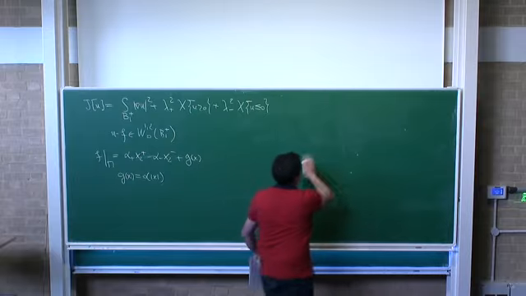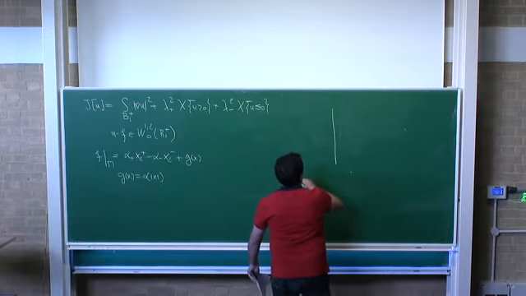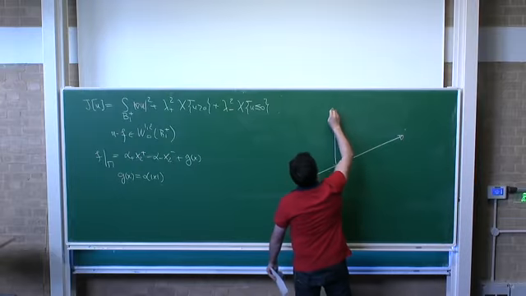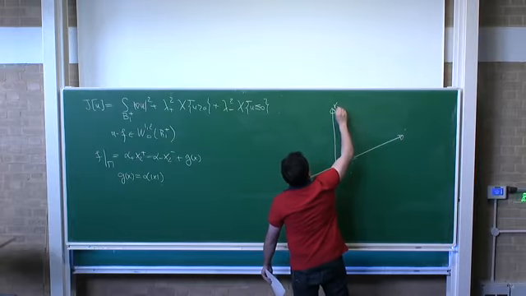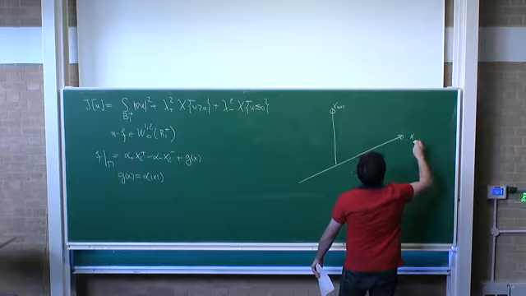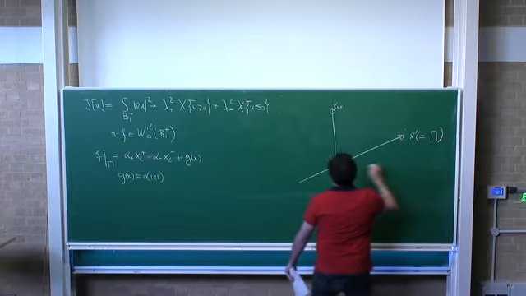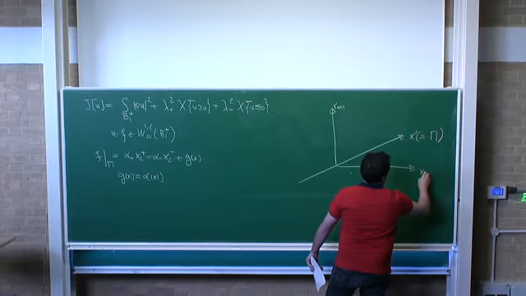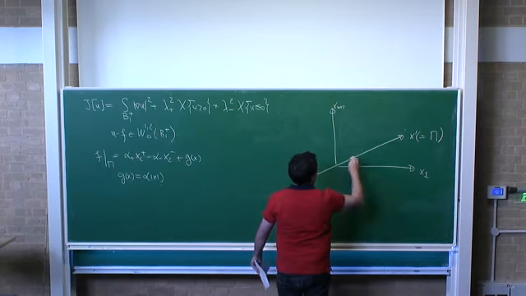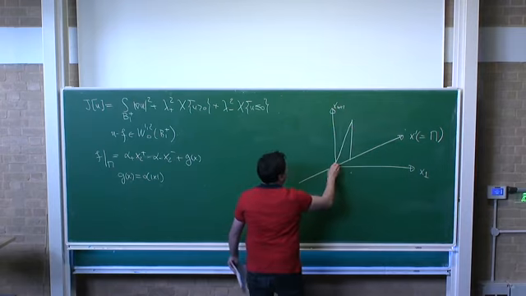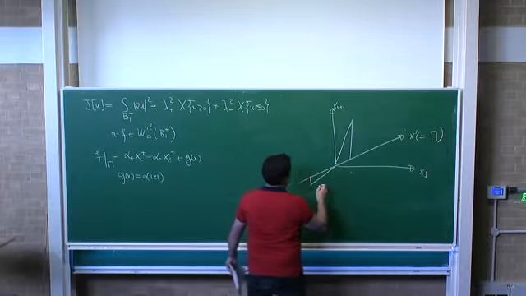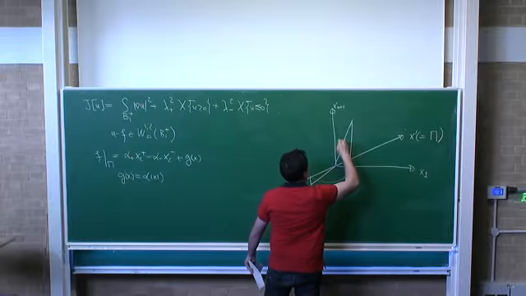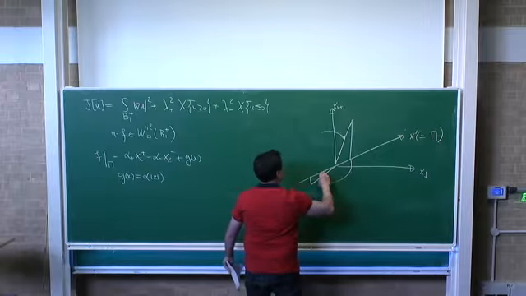Let me draw a cartoon picture just to explain what's going on. Say this is x_{n+1}, this is x prime, which is our π, and this is x1. We are prescribed something like this boundary data.